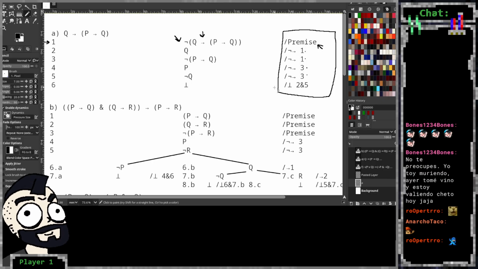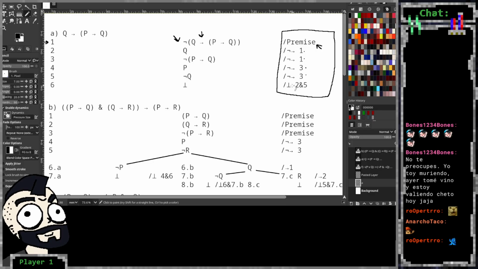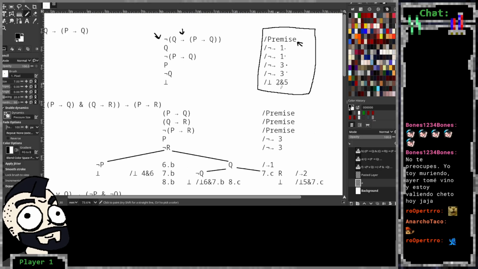Oh, look. I go up the branch, the only branch I have, and then I see that I have Q and not Q. Then, by my contradiction rule, I can join the formulas 2 and 5 that tell me Q is true, Q is not true, at the same time, in the same way, which in formal logic is impossible, and therefore I can close this branch through the contradiction rule.